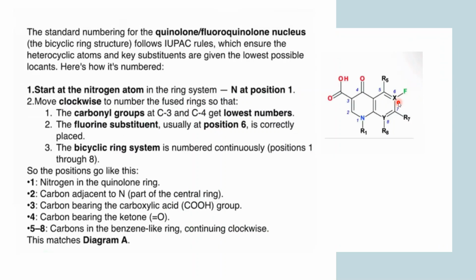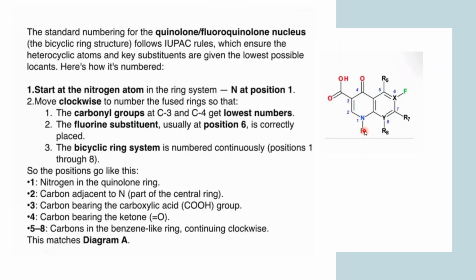First of all, we'll see how the fluoroquinolone nucleus looks. This is the standard numbering for the quinolone or fluoroquinolone nucleus. It is a bicyclic ring system, right? It follows the IUPAC rules, which ensure the heterocyclic atoms and key substituents are given the lowest possible locants. See how it is going to be numbered. First of all, you have to start at the nitrogen atom because it is the heteroatom.